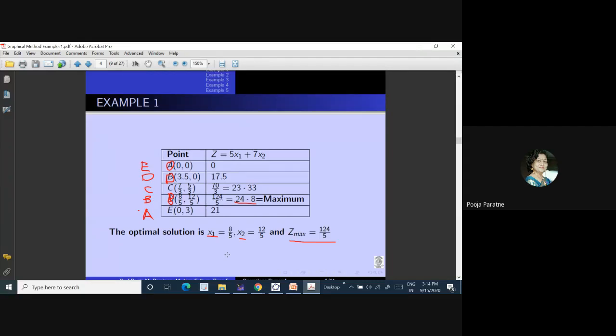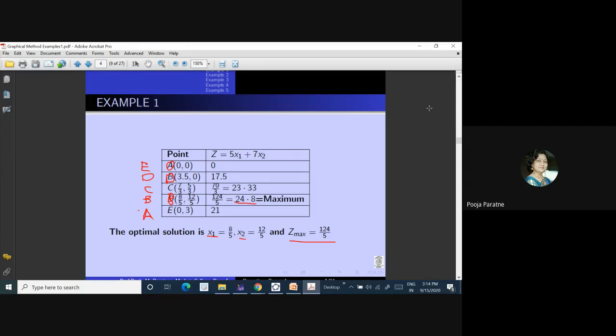To overcome this disadvantage, the integer programming problem was introduced, which gives purely integer values of x1 and x2. But we are not going into that integer programming technique.